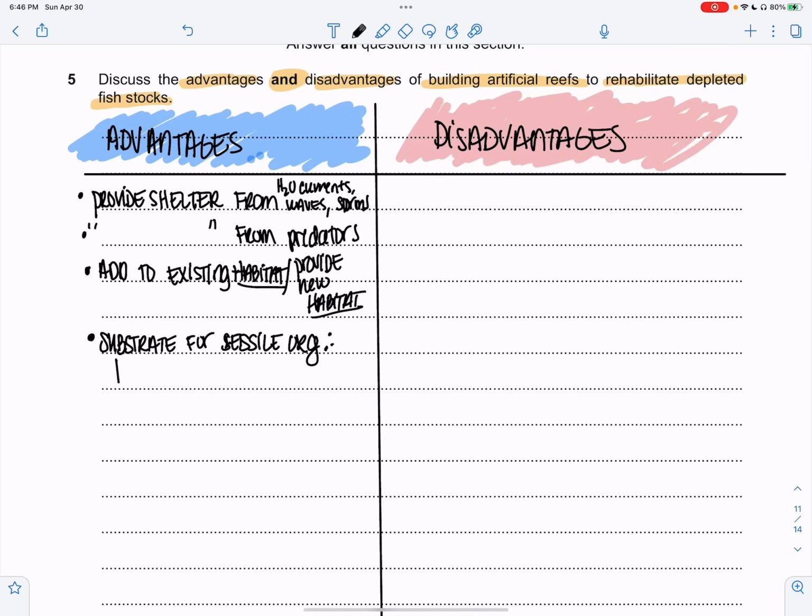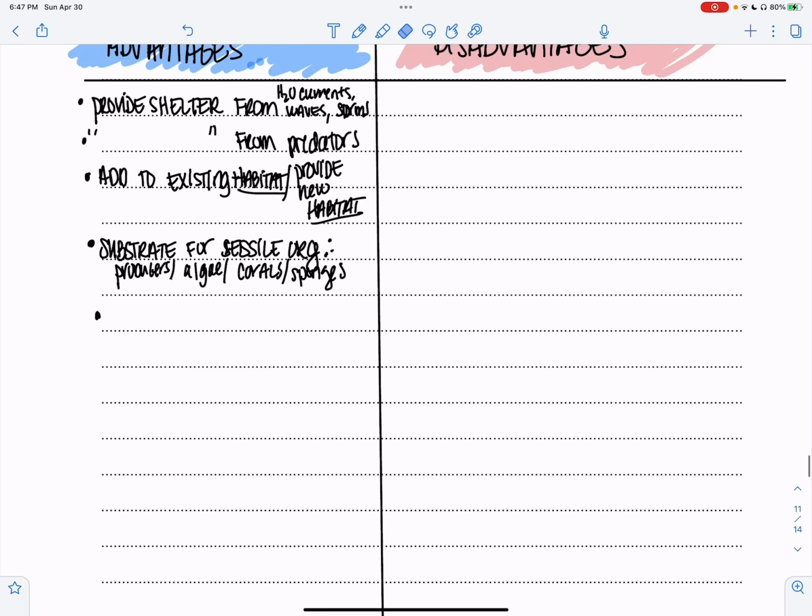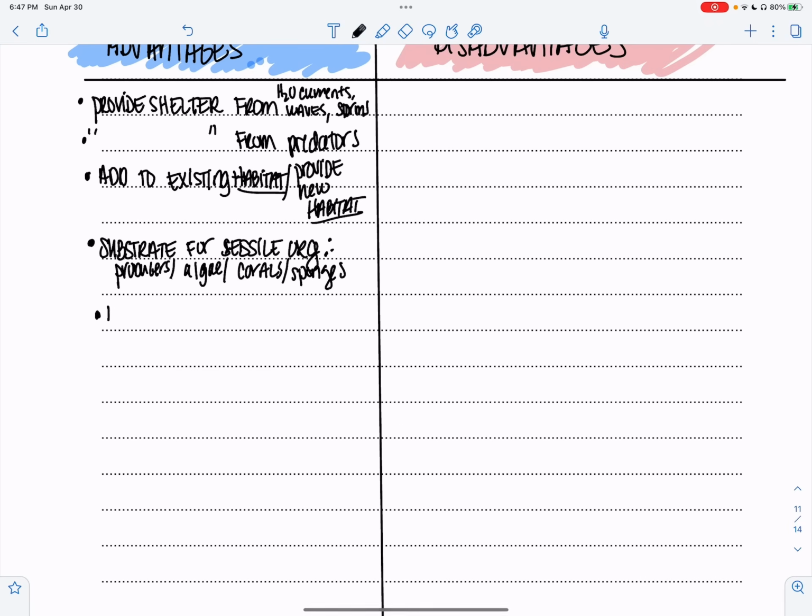Okay, and this could be producers. Algae, corals, sponges, larval attachment, filter feeders. Now, if we have an increase in producers, we'll attract more consumers.